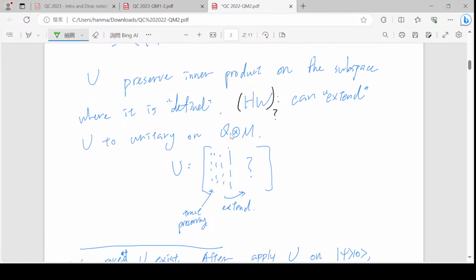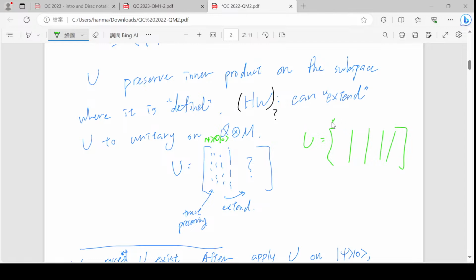We can kind of cut U into blocks, depending on what the second register is.